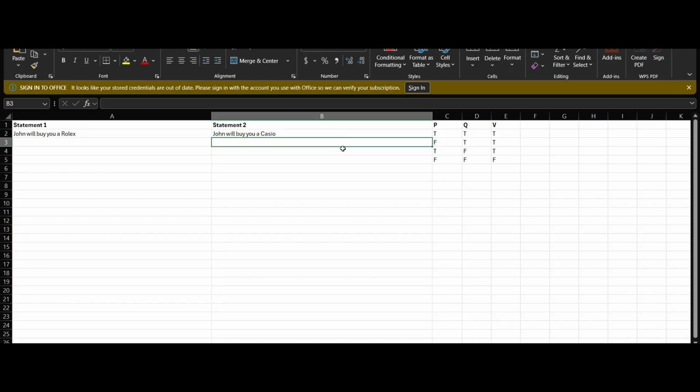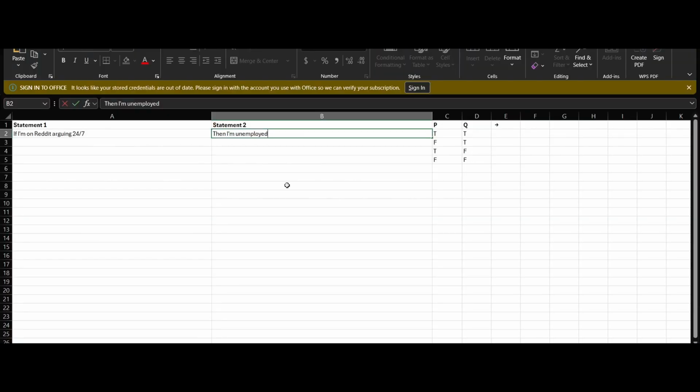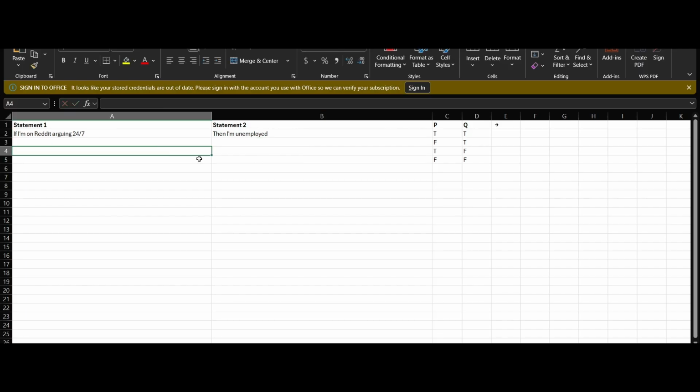Seems pretty simple enough. Now that we've already tackled negation, conjunction, disjunction, let's now tackle the conditional statements. Okay? Conditional statements, by the way, are depicted by right arrow signs right here. That's going to be the symbol.